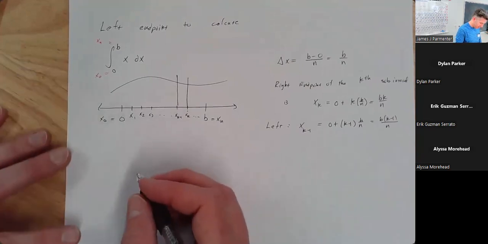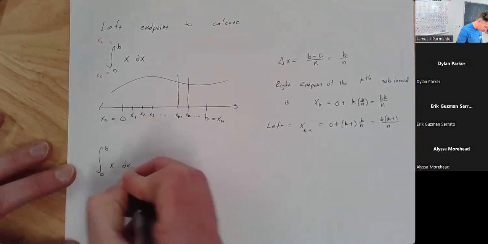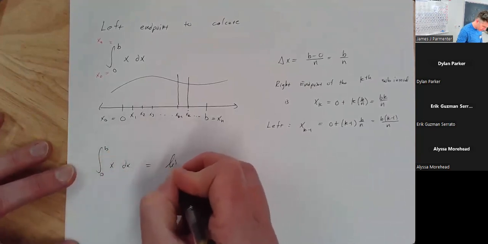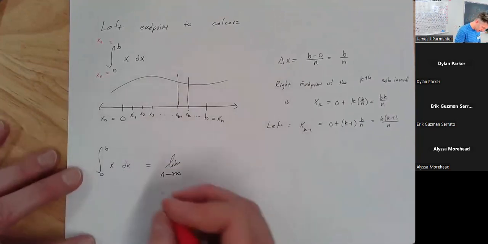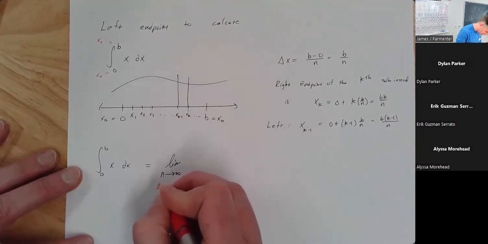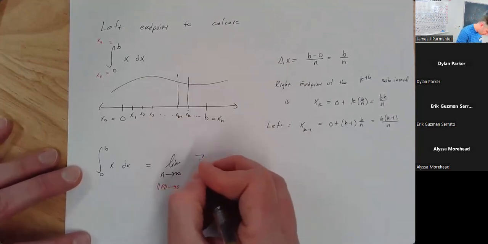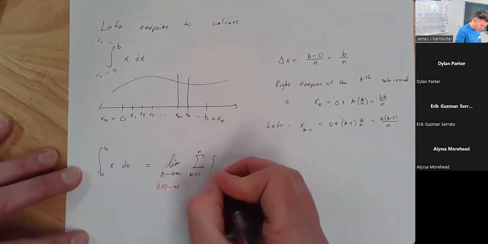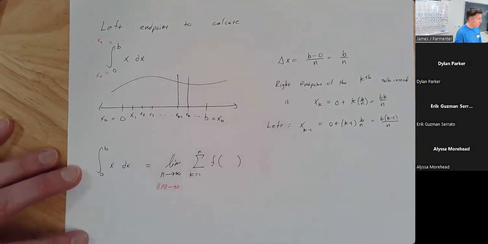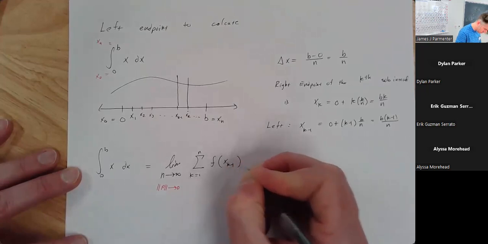So when I find my limit definition, from 0 to b of x dx, it's going to be the limit still as n goes to infinity, because my partition is regular. It's the same as saying the norm of the partition goes to 0, of the sum from k equals 1 to n. But now instead of f of x sub k, it's going to be f of x sub k minus 1.